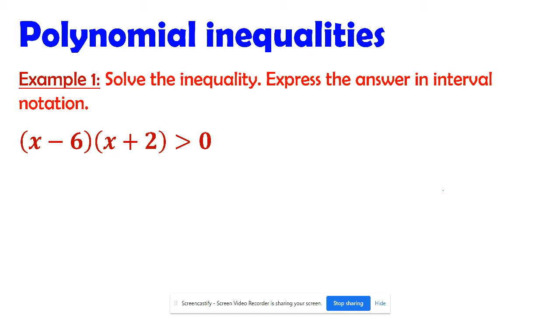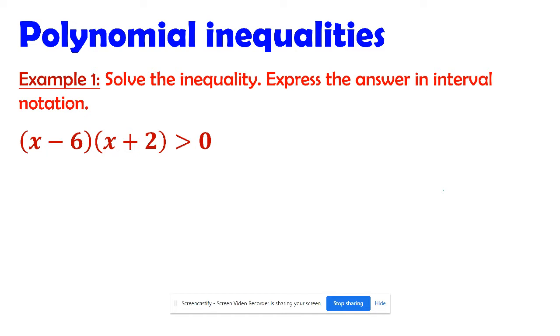The idea is with an inequality, you're dealing with greater than, less than, greater than or equal to, less than or equal to. And when you have polynomials that are more complicated than a regular linear equation, there are probably going to be different parts of the polynomial that are less than or greater than whatever you're dealing with.